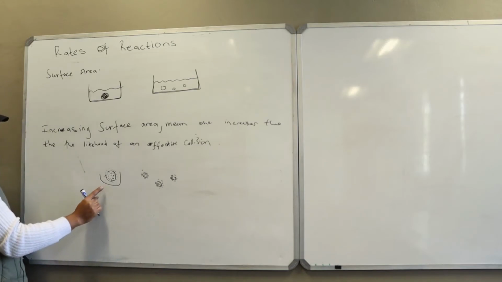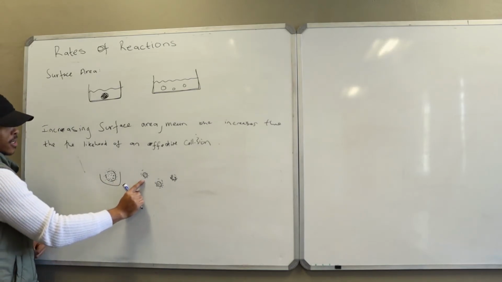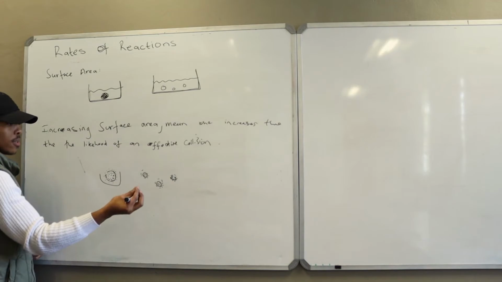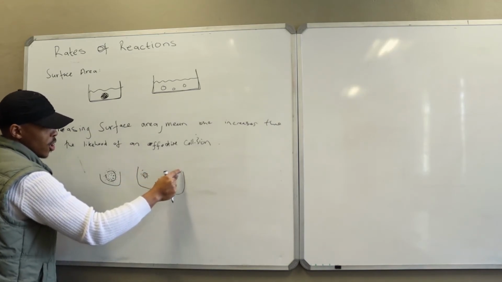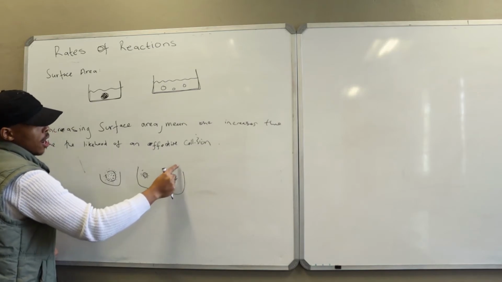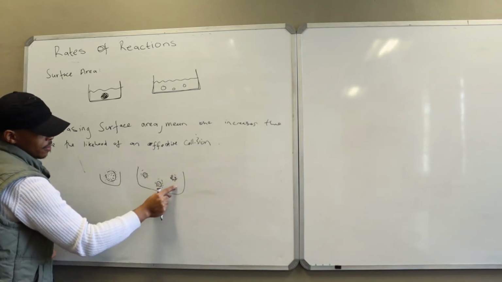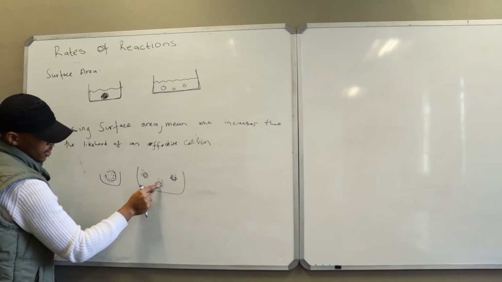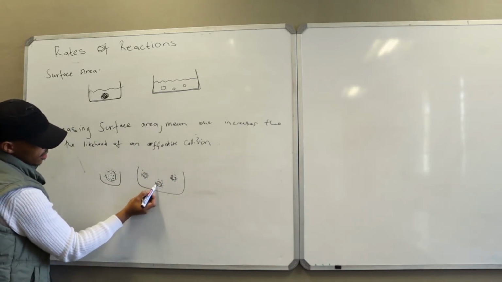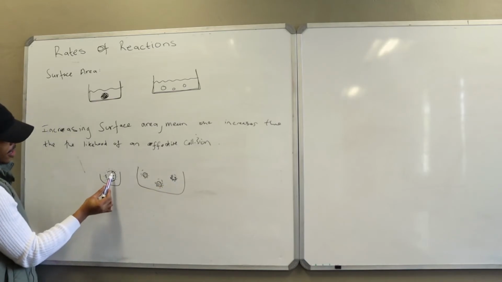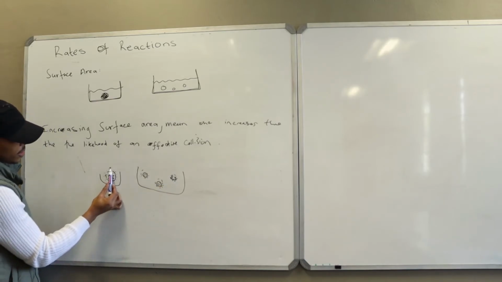So you can easily see that there's more activity. So there are more collisions, right? So more particles of the solution are colliding with the solid, right? As you can see, there are more particles there, and there than there are there in this particular solid.